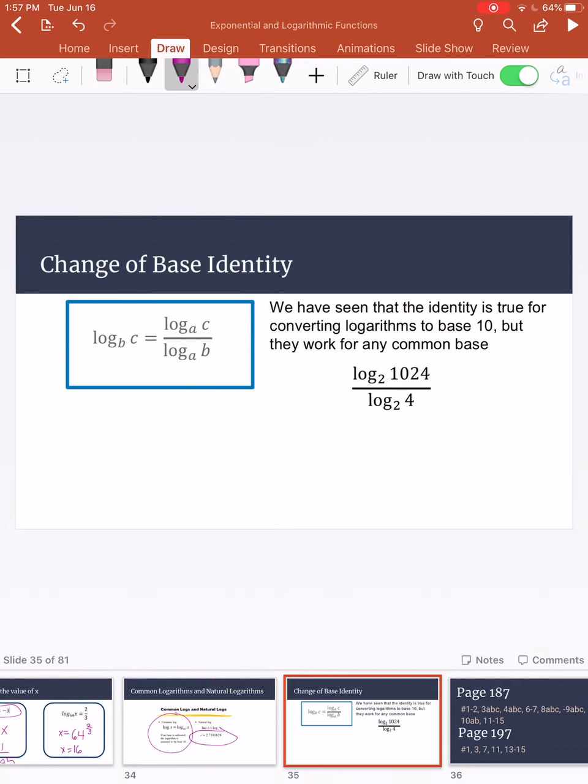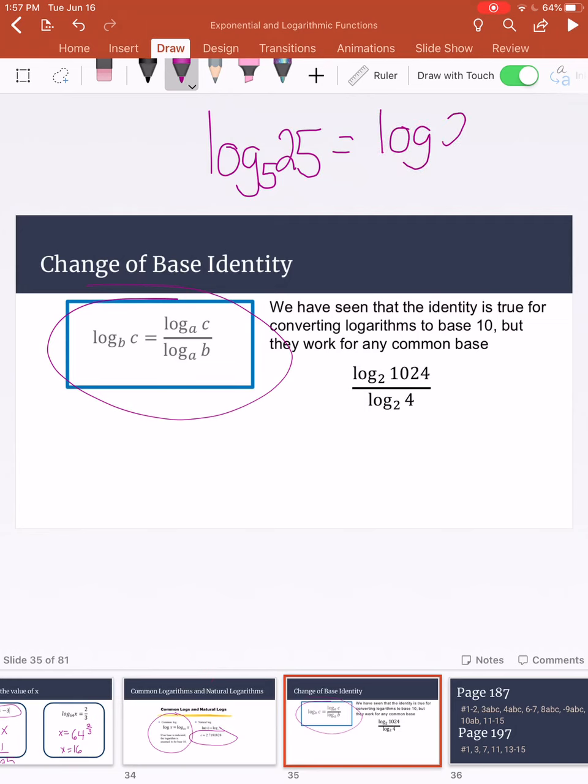Okay, we've already talked about this as well. This is the change of base identity. Pretty much how we use that in this course is if you end up with a graphing calculator that doesn't have that special button, I told you to type it in your calculator as log of the argument divided by log of the base.